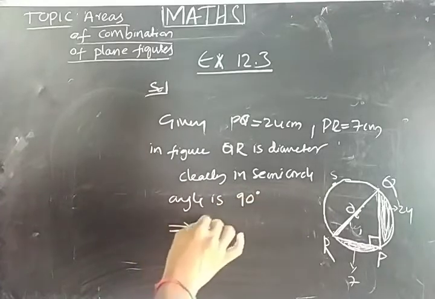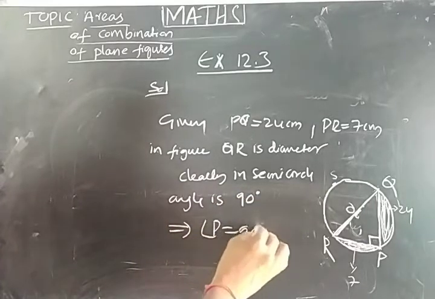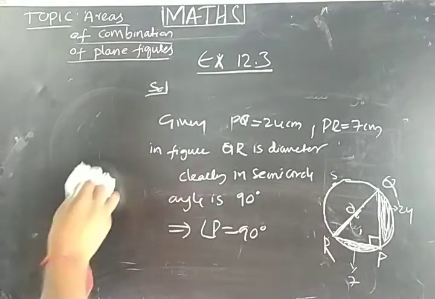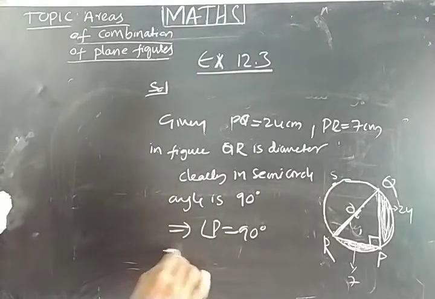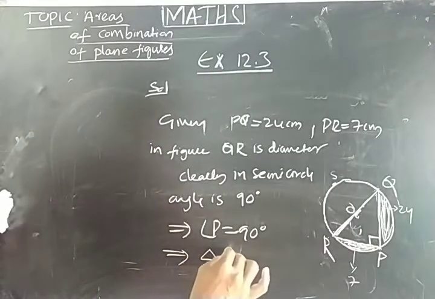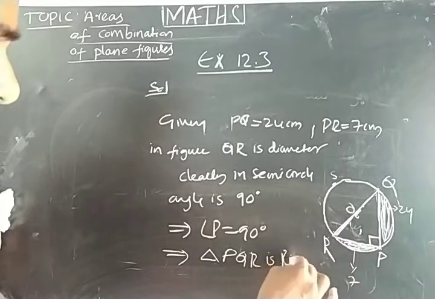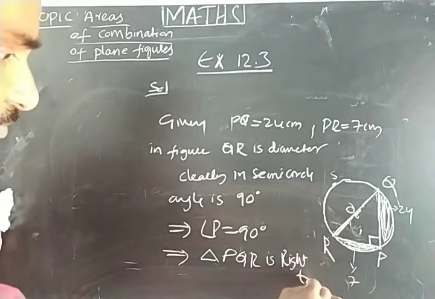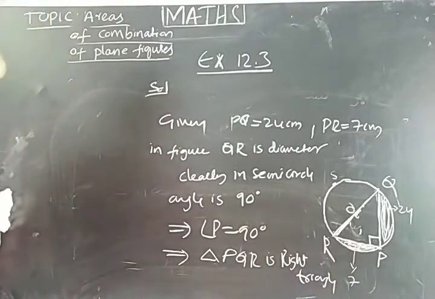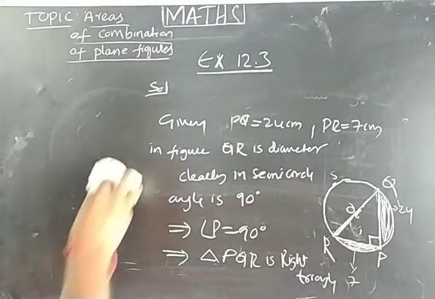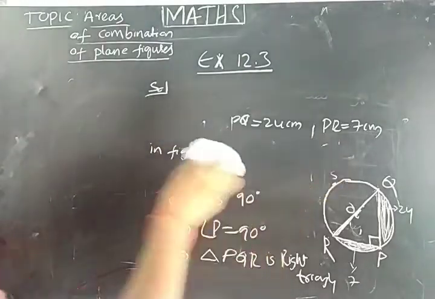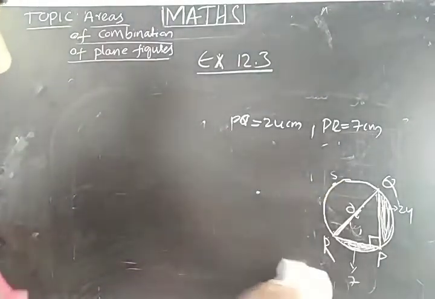So that implies angle P is 90 degrees. So if angle P is 90 degrees, then that implies triangle PQR is a right triangle. So I am going to find QR here by using the Pythagoras theorem.